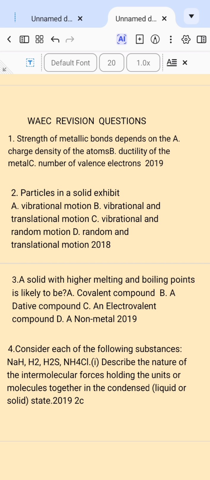The next question, consider each of the following substances: sodium hydride, hydrogen sulfide, ammonium chloride. Describe the nature of the intermolecular forces holding the units or molecules together in the condensed form. More of these intermolecular and intramolecular forces will be treated in the next video. But here we have sodium and hydrogen.